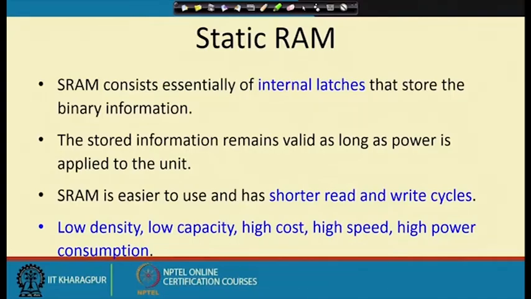Cost is high because you are putting fewer cells there. But the advantage that you get is high speed. Speed of operation is high, the access time is faster, and power consumption is also high. These are the problems with static RAM, but still they are used because of the high speed property.